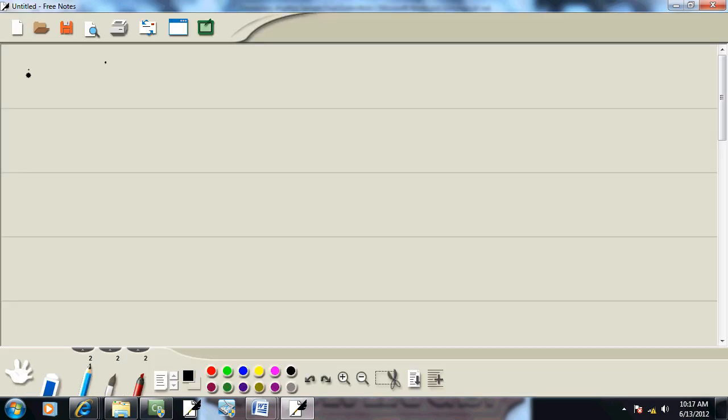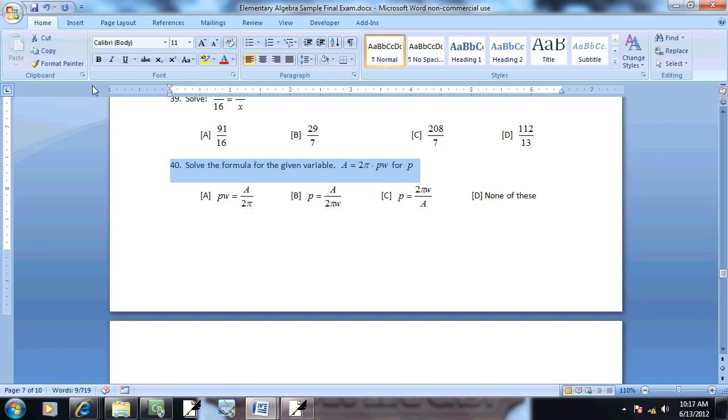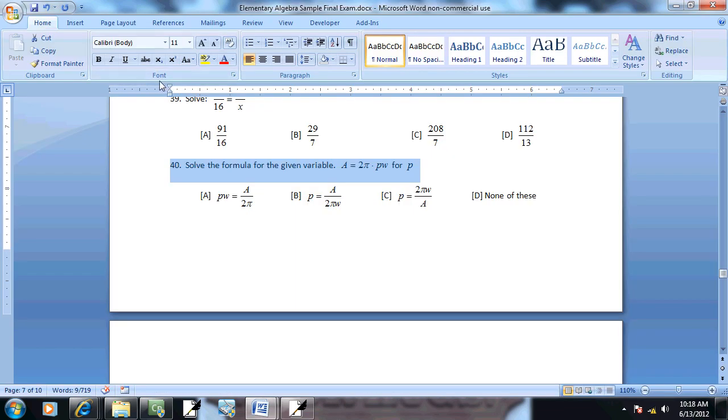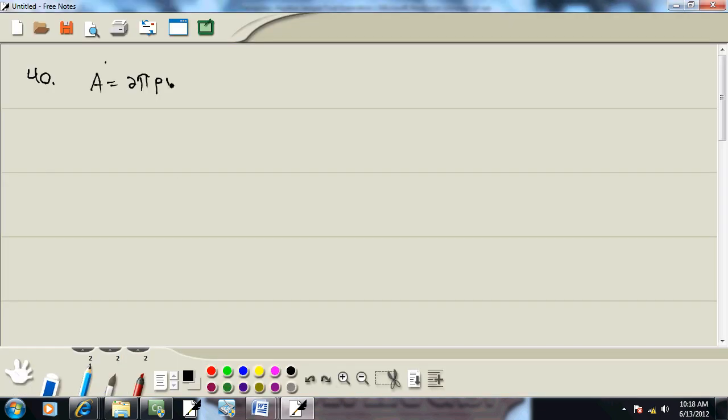So this one, let's see, we have A is equal to 2 pi PW 4P. Having the pi, this weird symbol right next to the P, that indicates multiplication. It's redundant to have a dot between them, because that is multiplication.